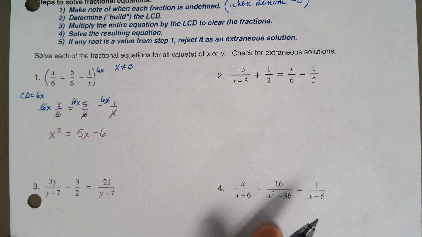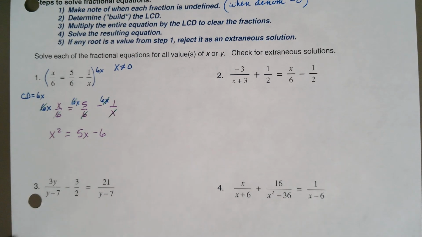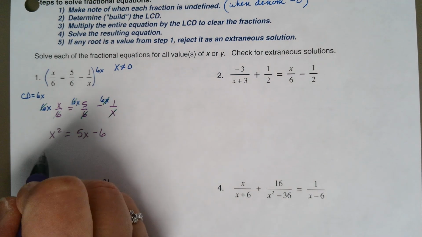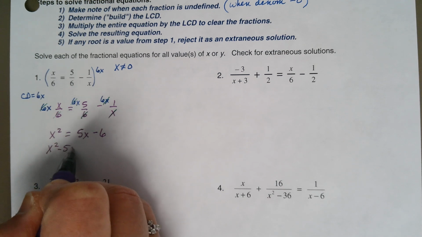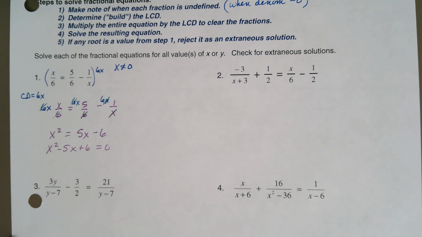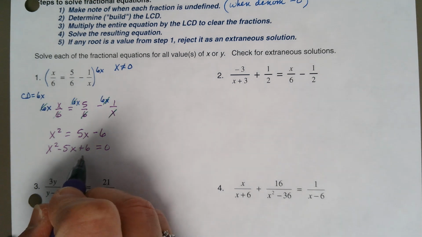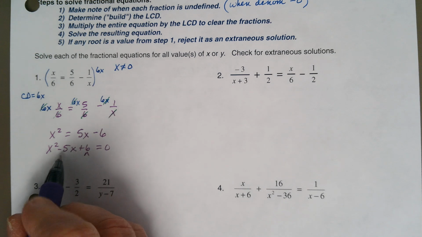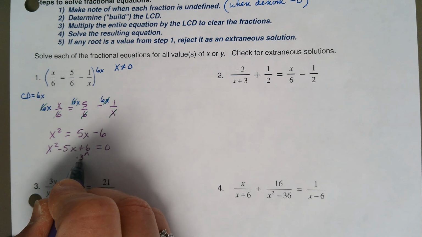We no longer have fractions, so now we go about solving our quadratic equation, putting it in standard form, subtracting 5x and then adding 6, and now factoring. The factors of positive 6 that sum to negative 5 are negative 3 and negative 2.